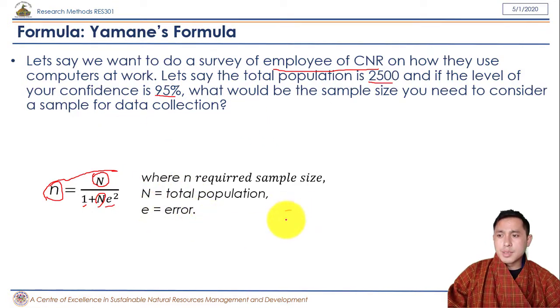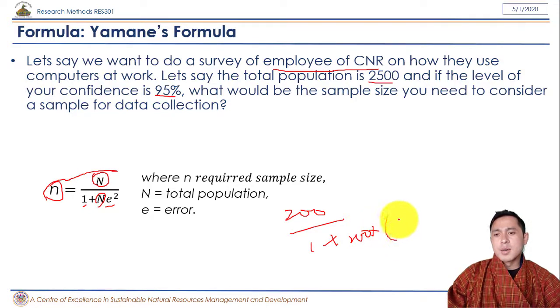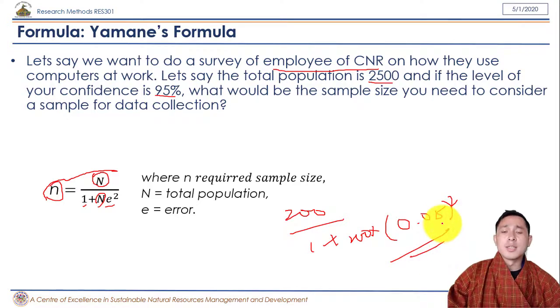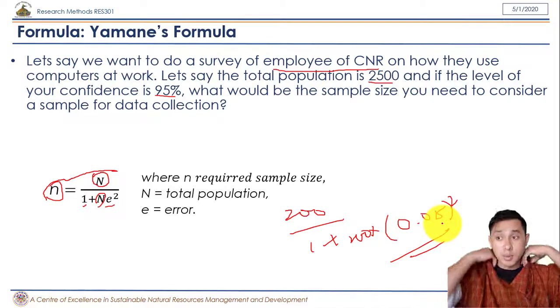It is basically 2500 divided by 1 plus 2500 times, if the margin of error is, let's say, 0.05 squared. From here you can find the sample size. This is called the Yamane formula.